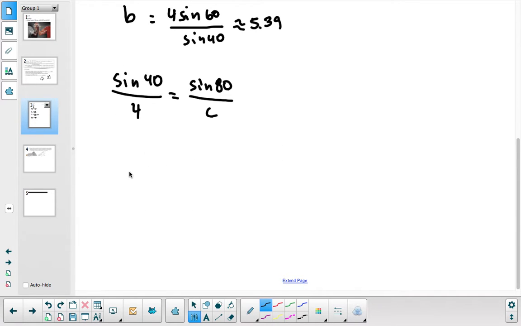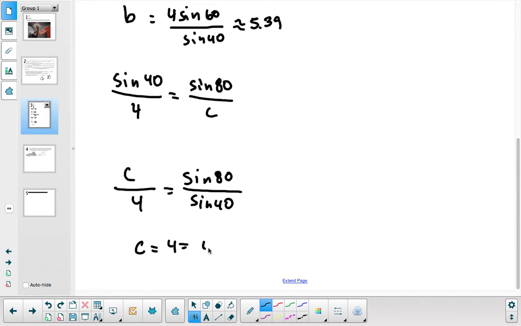Again, solving for this, we're going to multiply by C and divide by sine of 40. Sine of 80 degrees is the biggest angle of the three, so C should be the biggest side. Again, always checking to make sure things are in order.